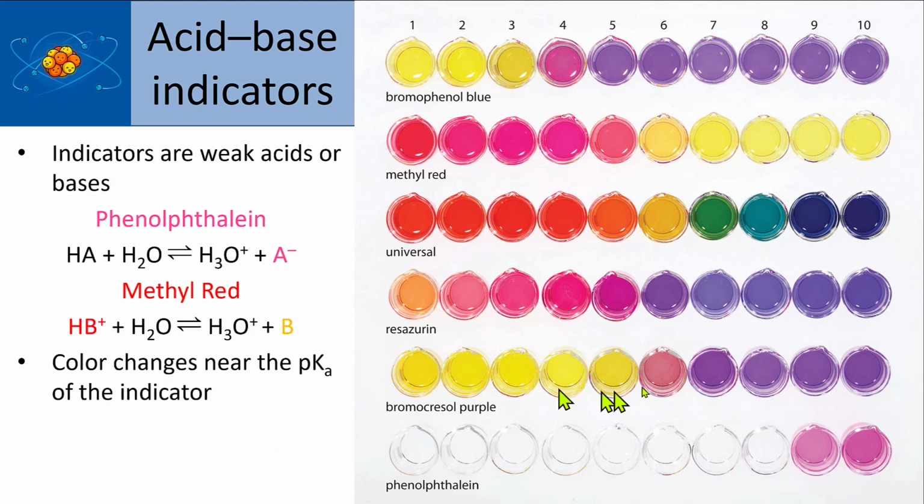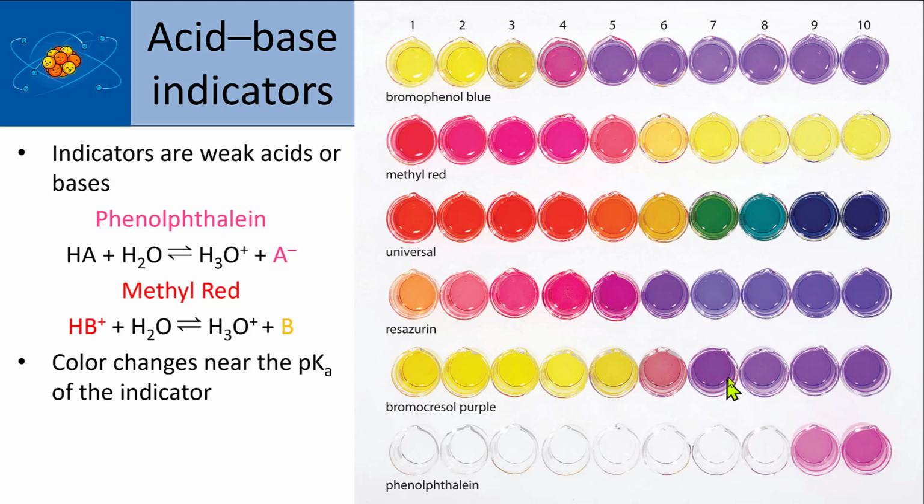Generally speaking, you want to pick the color change to be within about 1 pH unit of the equivalence point. So typically what you do is you guess at where the equivalence point pH is.